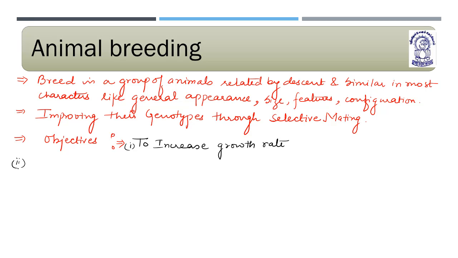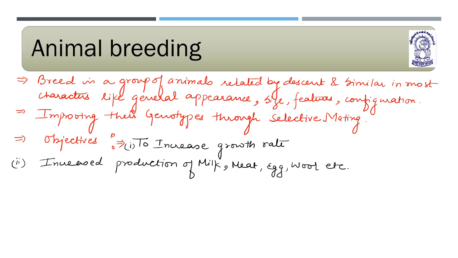Second, increase production of products: milk, meat, egg, wool, etc. Superior quality of products, like we have mentioned in the point above, that is milk, meat, egg, wool.